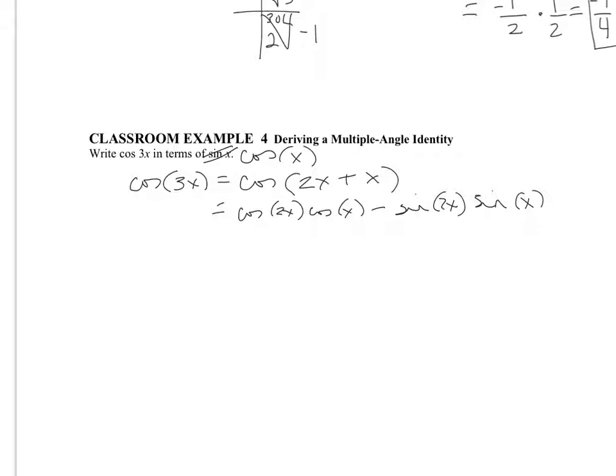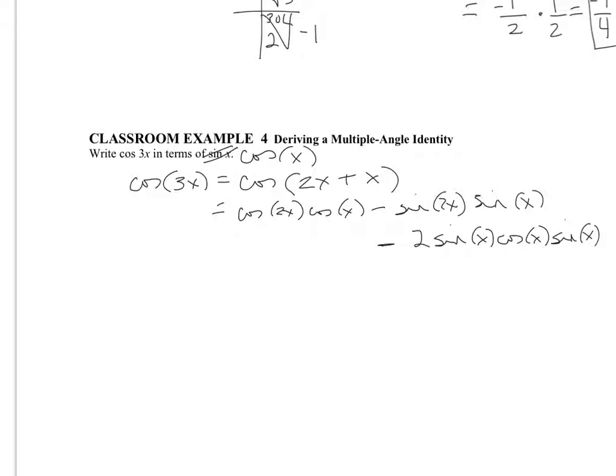Agreed? But how many options do I have for replacing the sine of 2x? Only one. So let's go ahead and replace the sine of 2x with what? Minus 2 times, 2 sine cosine. That's right, sine of x, cosine of x, and then I have this other sine of x that was already here that's going to be multiplied together.